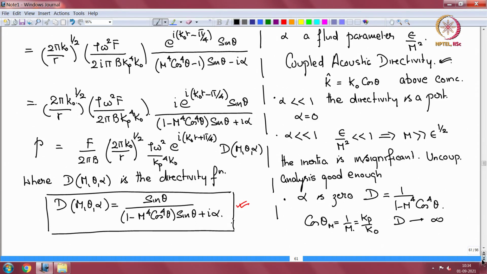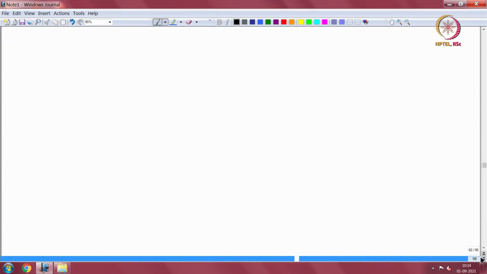Okay, this angle θm is called the Mach angle.